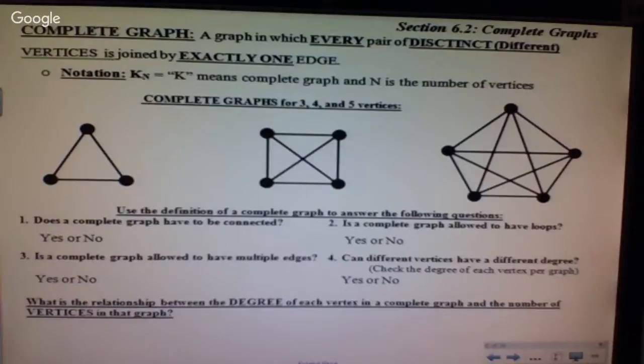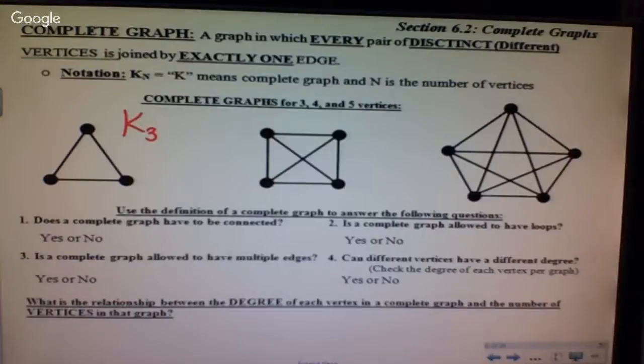They use the notation K to represent a complete graph, and n is the number of vertices. So this graph on the left is a complete graph with 3 vertices, so it's K sub 3.